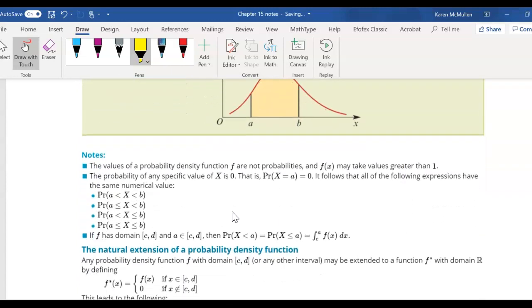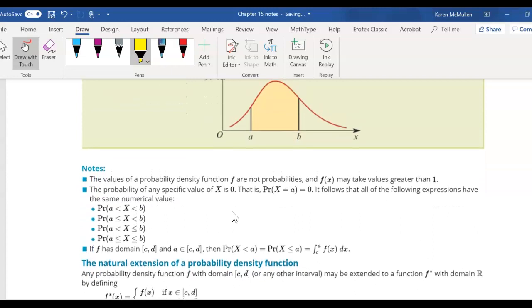What we have here is it doesn't matter what inequality sign you have, they all mean the same thing. So if we've got x is between a and b, but not including, they're all the same. Okay, it doesn't matter which inequality sign you use, they're all the same. It's different to discrete random variables.